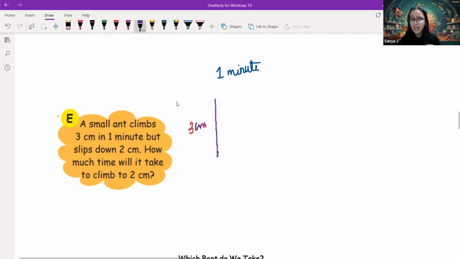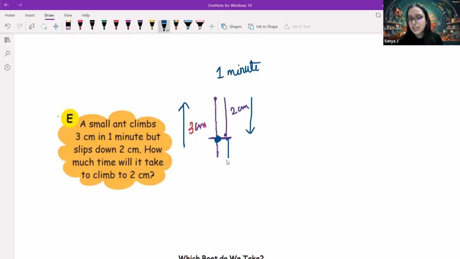After reaching over here, it slips down 2 centimeters and comes right over here. Which means that the ant is actually able to climb only this much part. It went up 3 centimeters like this, but came down 2 centimeters like this. So actually the ant is right over here.